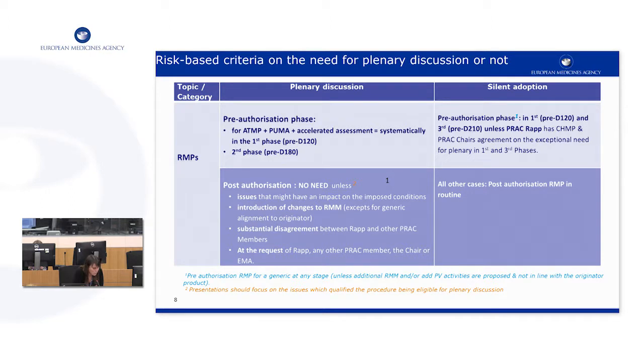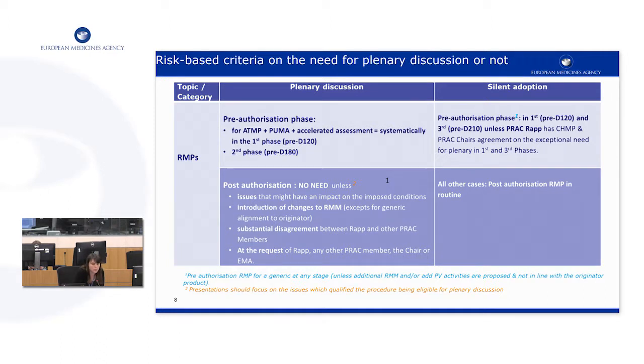And 5.2 and 5.3 are for post-authorization procedures. For the pre-authorization phase, all procedures that are reaching D180 at CHMP, what we call at PRAC pre-D180, but it's obviously 15 days earlier, all these procedures will qualify for plenary discussion.